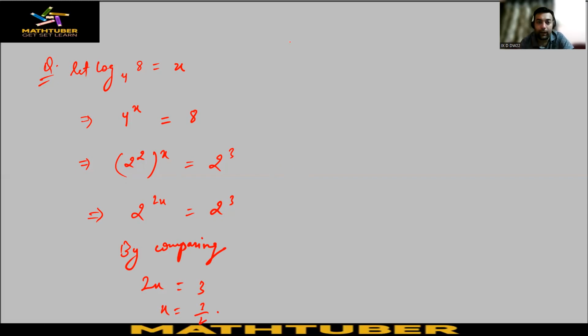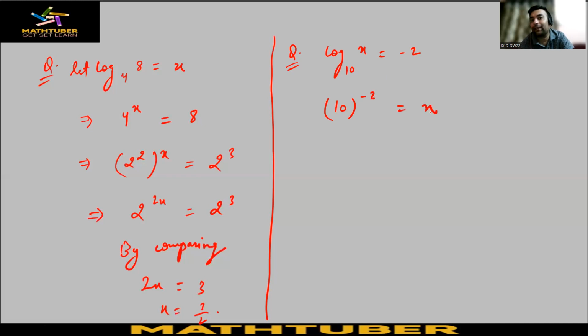Similarly, if we want to find the value of x, this is another type of question which we have here. Suppose we have log of x with base 10 is equal to -2. So first of all, we have to convert it into exponential form, which will be 10 raised to power -2 is equal to x.